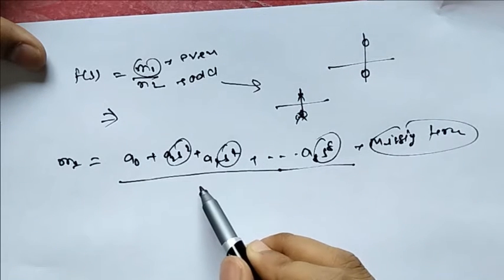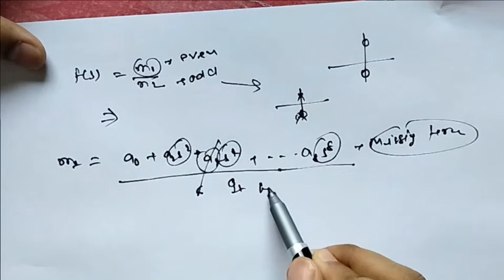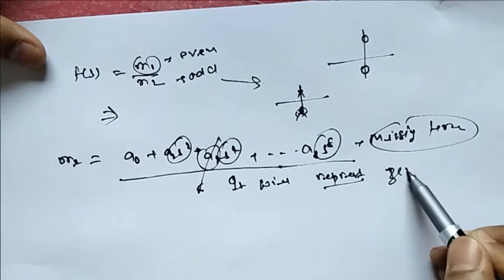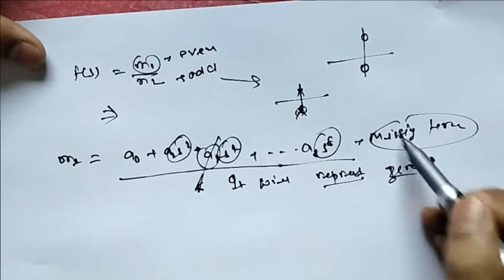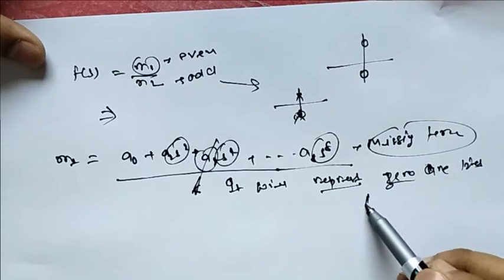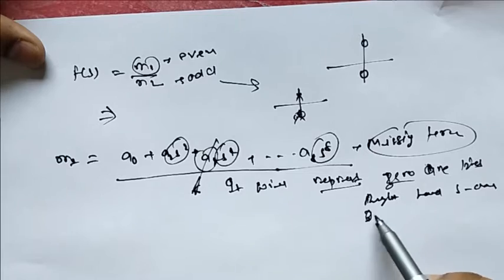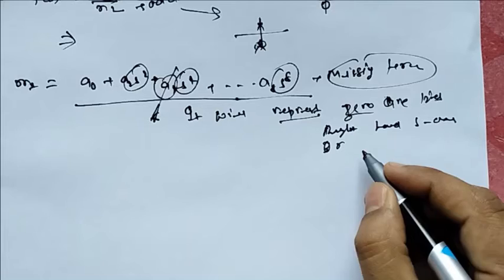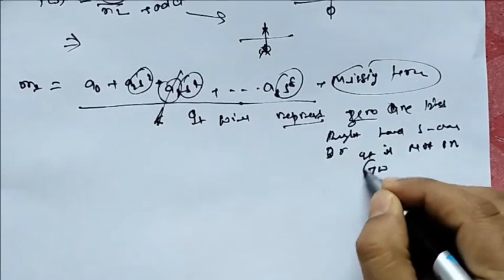If there is any missing term, suppose a4 is missing, it will represent that the zeros are lying on the right hand side of the s axis, or not lying on the j omega axis.